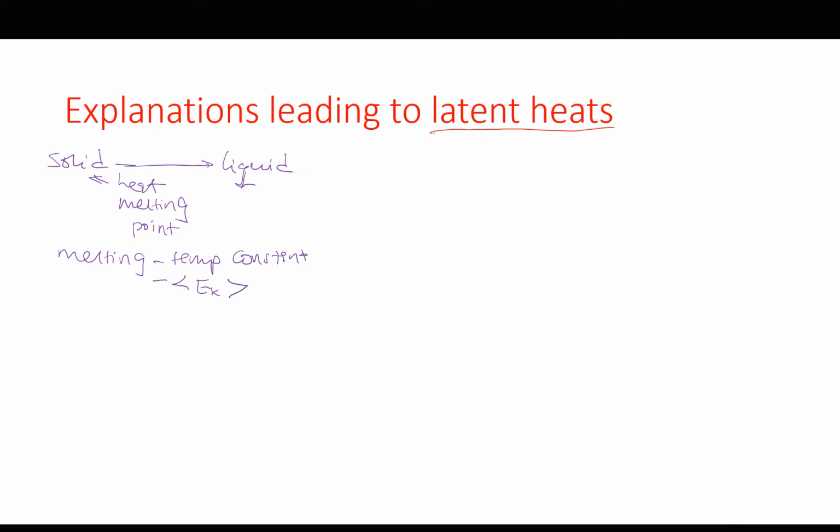So during melting, the energy which is being supplied is no longer increasing the temperature, meaning it is no longer increasing or changing the average kinetic energy of the molecules. But by conservation of energy, that heat being supplied does not just disappear. It must end up in the system somewhere.